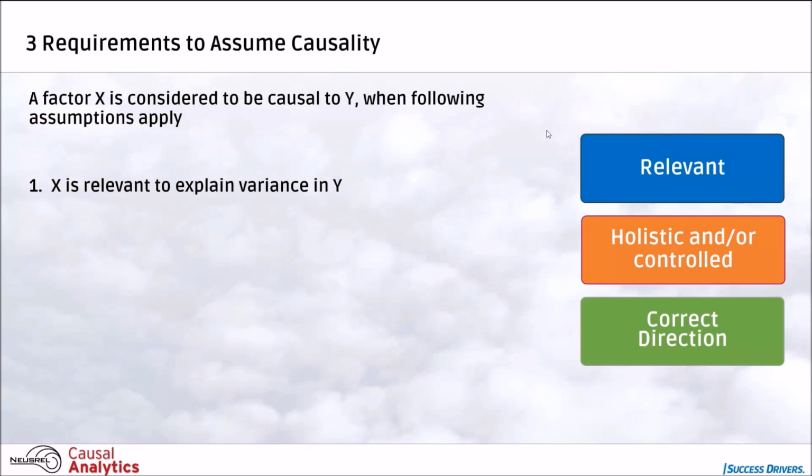First, X is relevant to explain variance in Y. So it must be important, it must be predictive, it must be useful in prediction to explain Y. This is one requirement. It's not sufficient, but it's a requirement. If something is not relevant to explain Y, it has no direct impact.